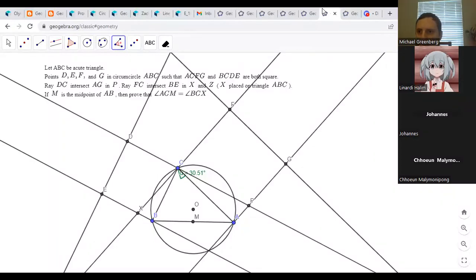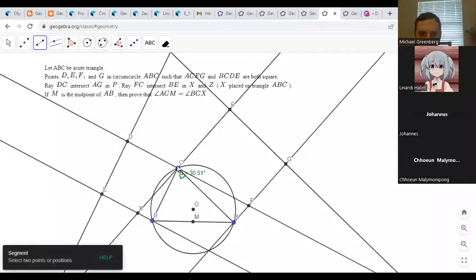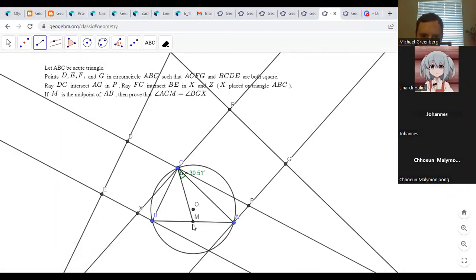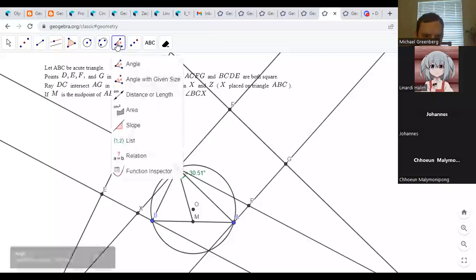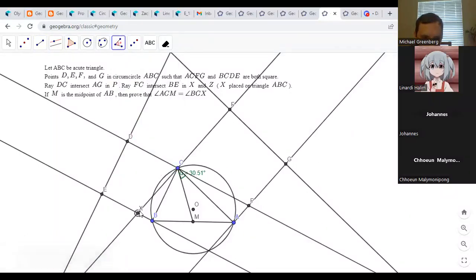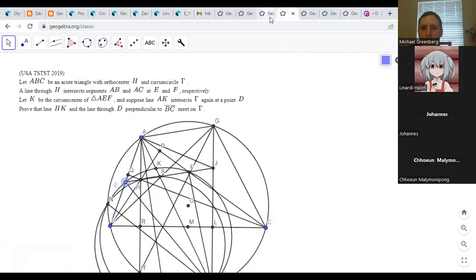How can FC intersect BE at 2 points? That's confusing to me. And then I don't see why these would be equal. So yeah, sorry, I don't understand how it would work.